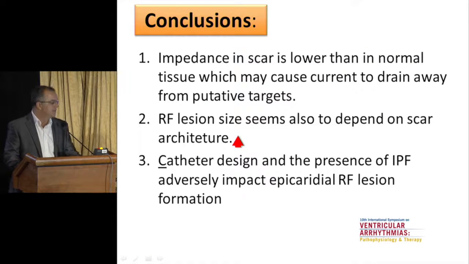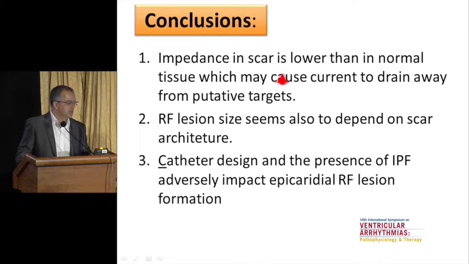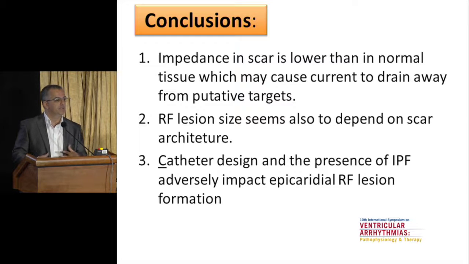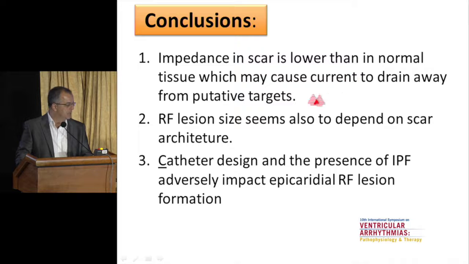So just to conclude my presentation, I think the impedance of scar, as we all know, is lower than in normal tissue, which may cause current to drain away from your target. And that can explain why, despite all the change that we've seen in terms of mapping, our clinical results in terms of VT recurrence are not changing as fast as the mapping systems are changing, because we have a limitation in terms of the energy source that we use for most of these patients.